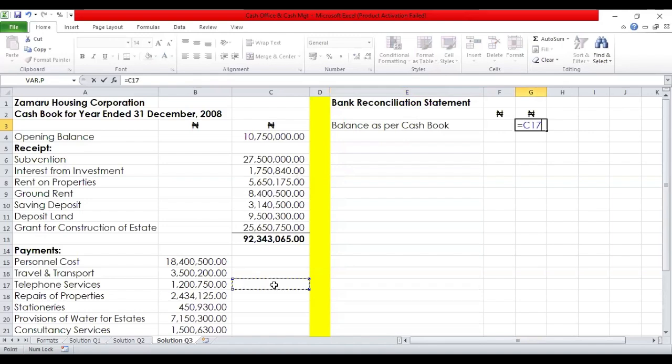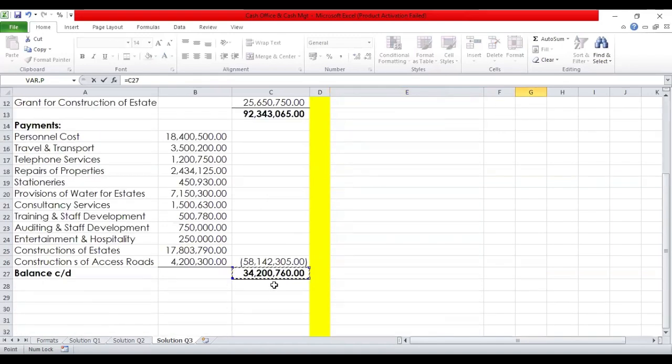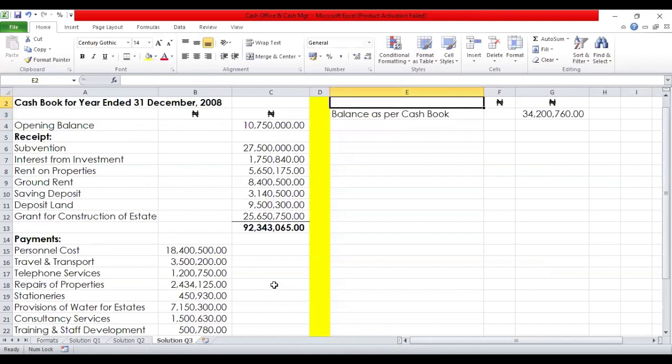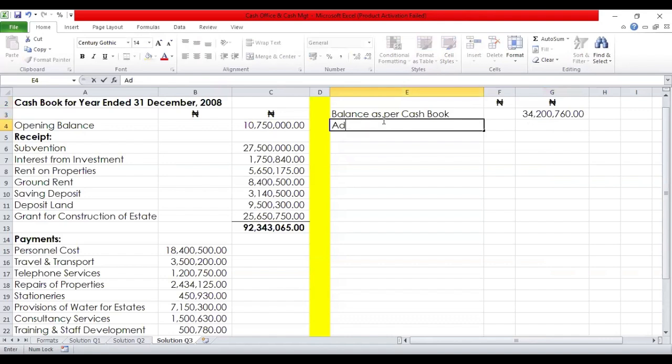How much is our balance in our cash book? 34,200,760. Okay. Then we now bring on board, add unpresented lodgement.